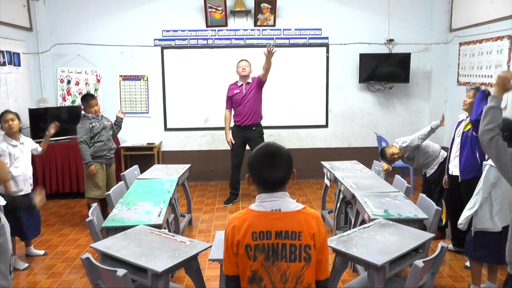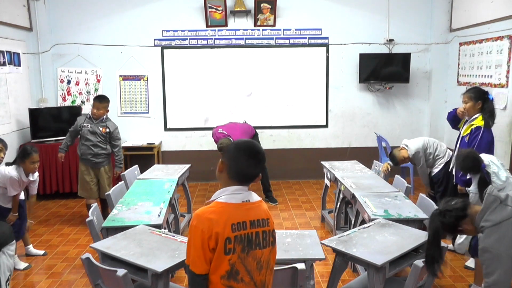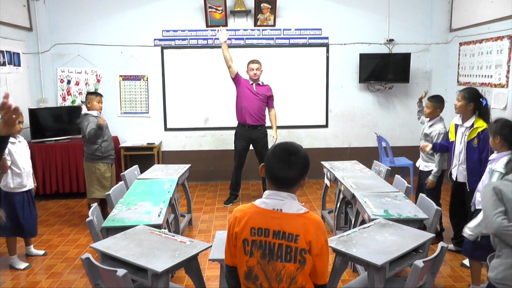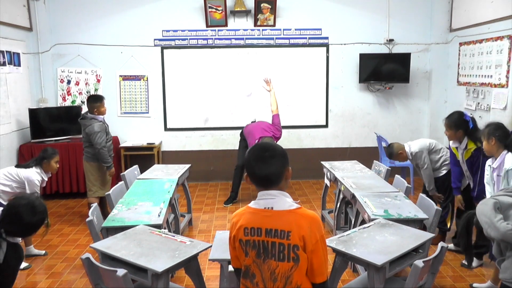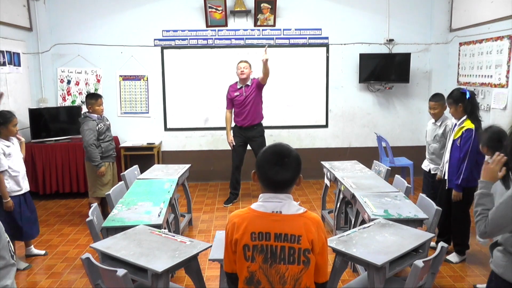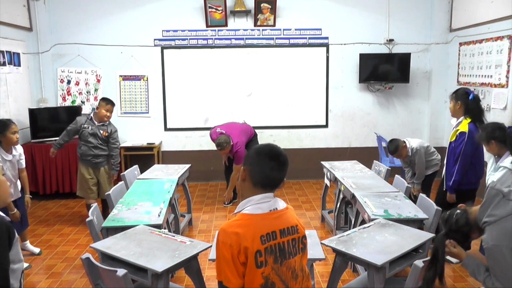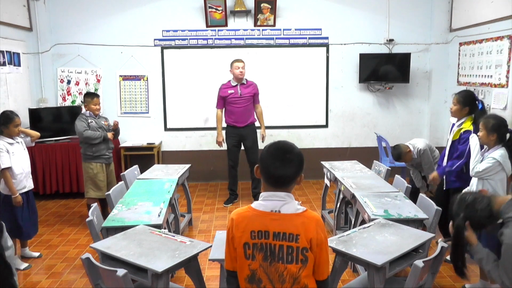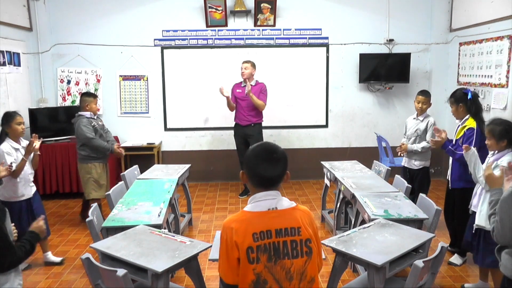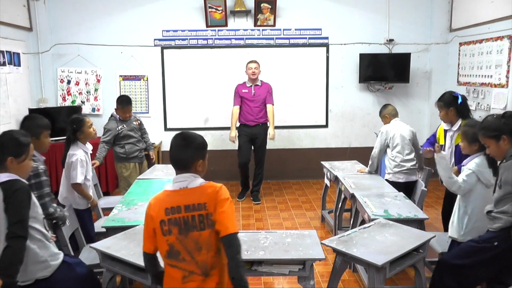Left hand, right foot. Right hand, left foot. And one more time, left hand, right foot. And to finish, we will do 5 claps. 1, 2, 3, 4, 5. Excellent, guys. Have a seat.